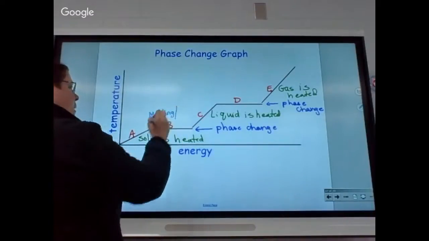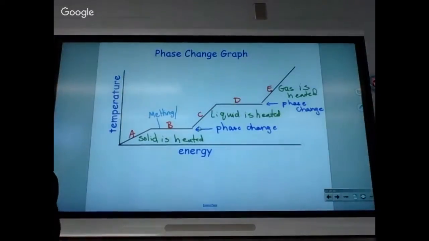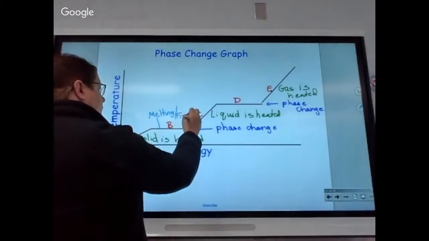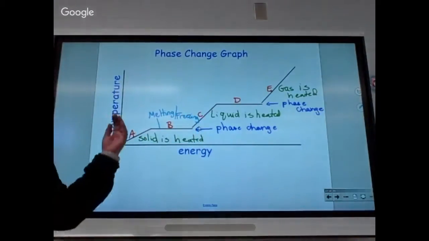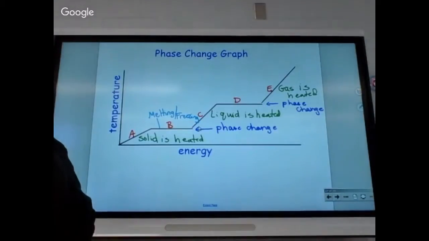Now, if B is melting, what's the opposite of melting? Freezing. So B is melting and freezing because it's between the solid and the liquid. Does that make sense?